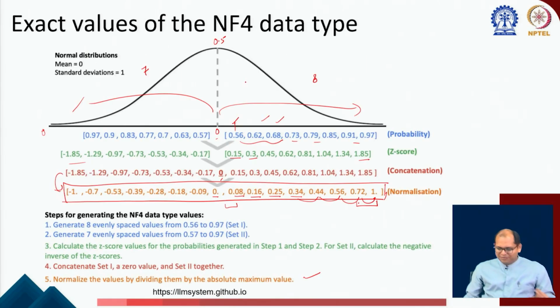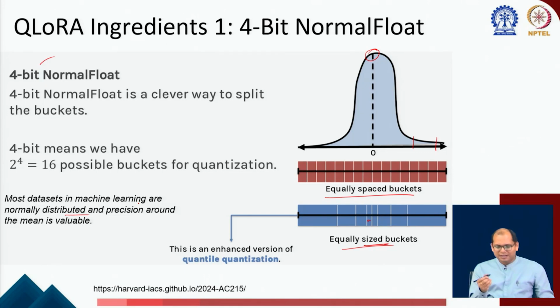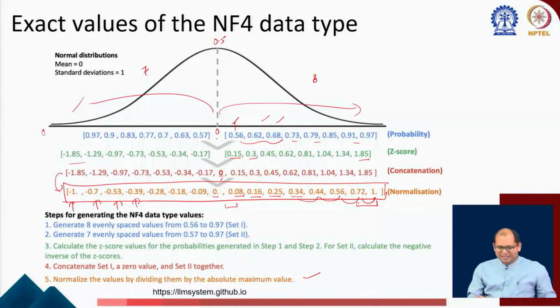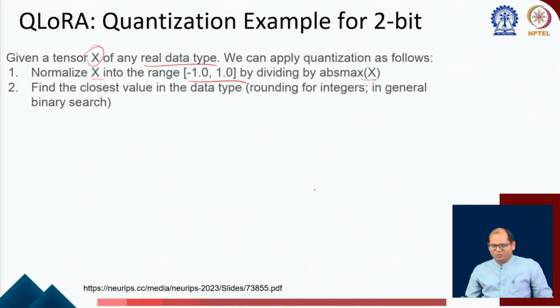Now I have these values as my bins. After I divide each value of x by x max, I find the nearest value in this set. One can use binary search or any other method to find the nearest value.